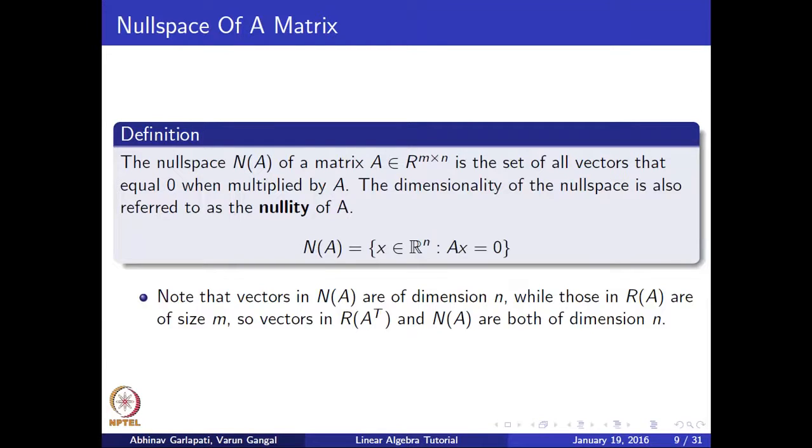This means that for vectors in R(A transpose), note that A transpose is n cross m, the vectors in the range of A transpose will be of dimension n, similar to the vectors in the null space of A. So the vectors in the range of A transpose and the null space of A would both be of dimension n cross 1.